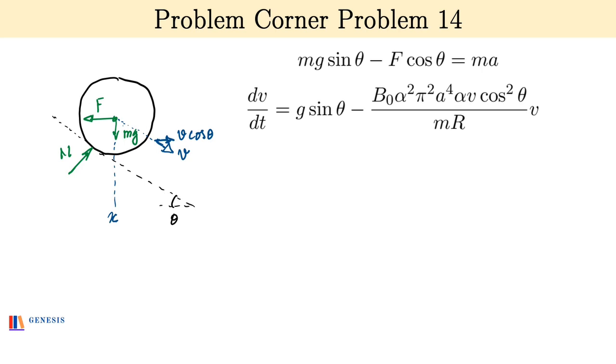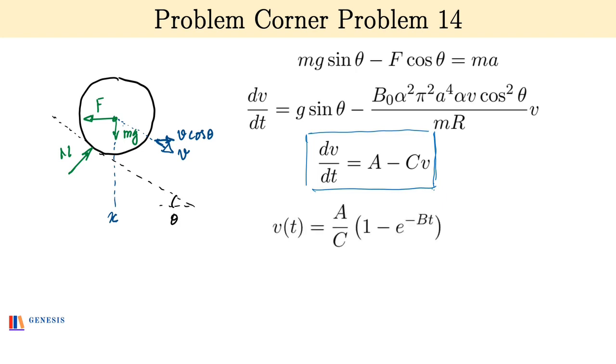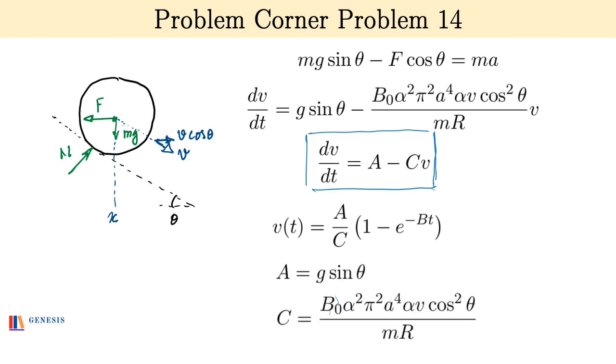Now this essentially is a differential equation of the form dv by dt is equal to a minus cv. You would have come across this equation many times in capacitor charging, in growth of current in an inductor, in Stokes' law, etc. The solution to this is extremely easy, and you should be able to show that the solution is given by v of t is a by c into 1 minus e power minus ct, where a here is g sin theta and c is this huge thing.